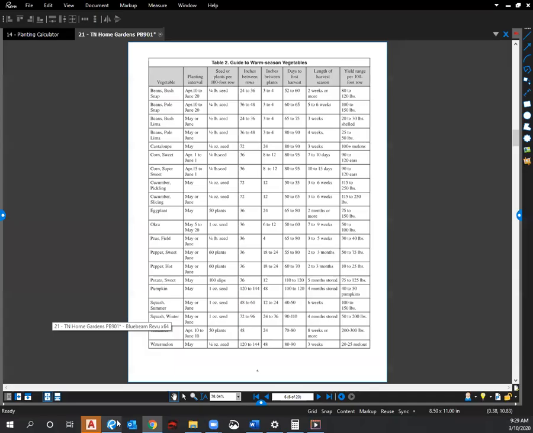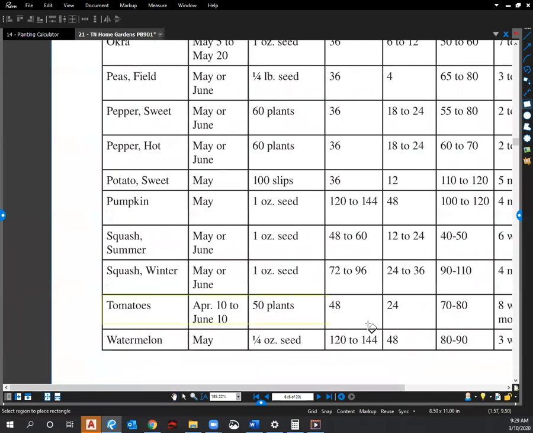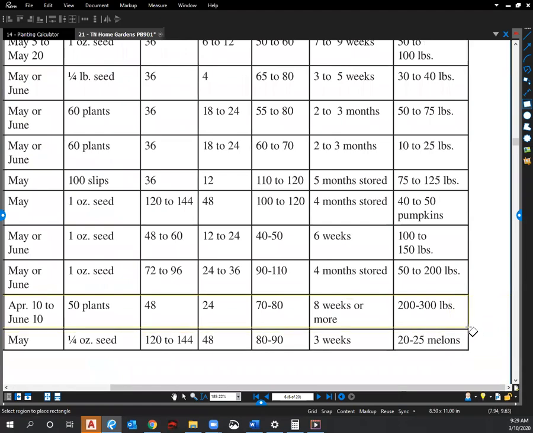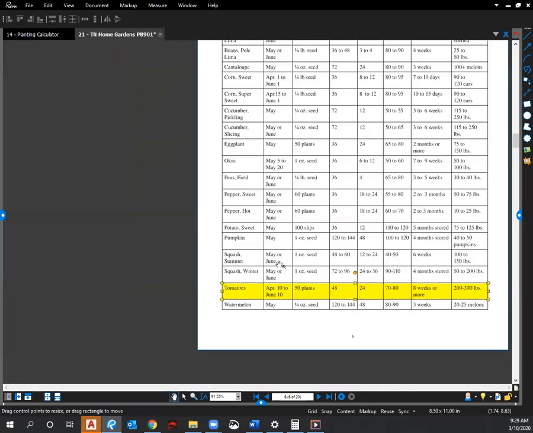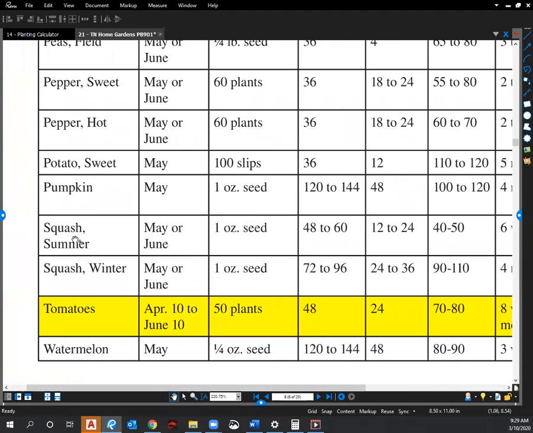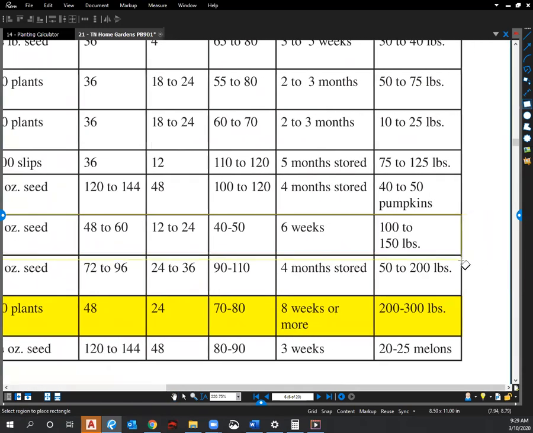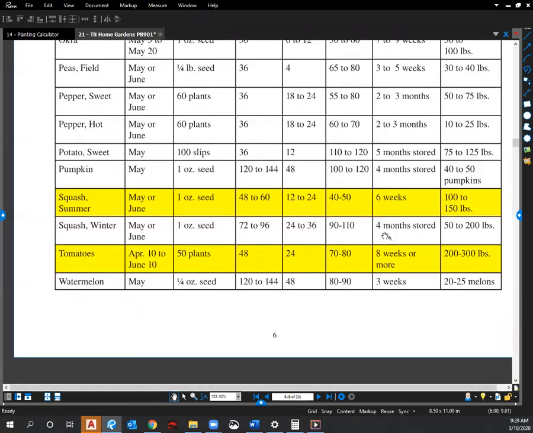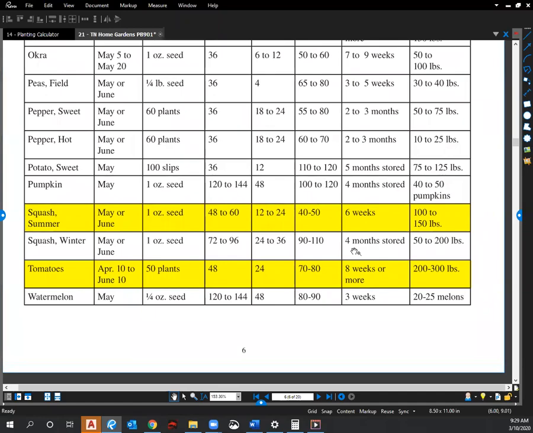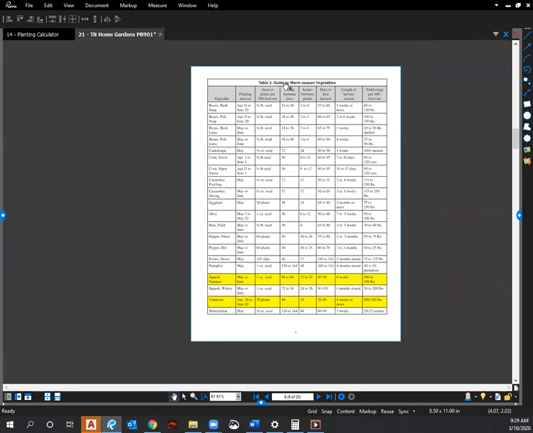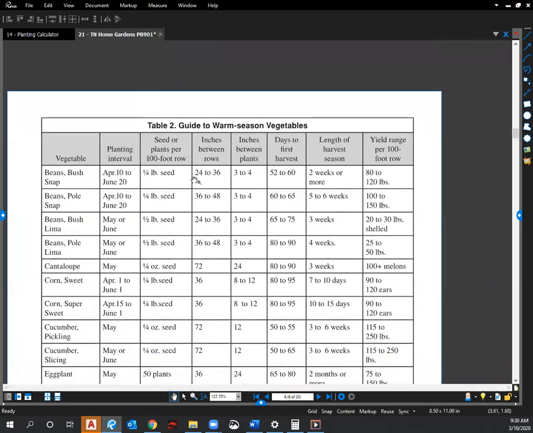So let's take a look at our table here from UT, and we're going to focus on tomatoes. And now zucchini is not on this table, but summer squash is, and they're the same. All right, and so then just a reminder of what each of these columns are.